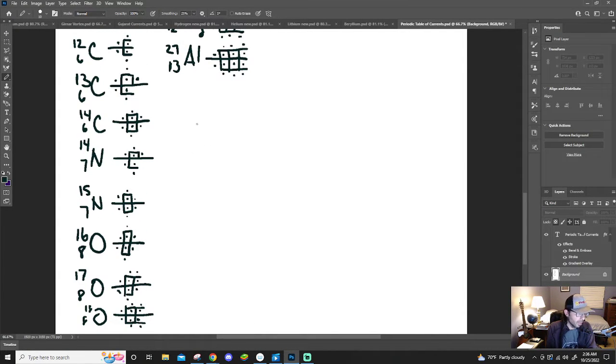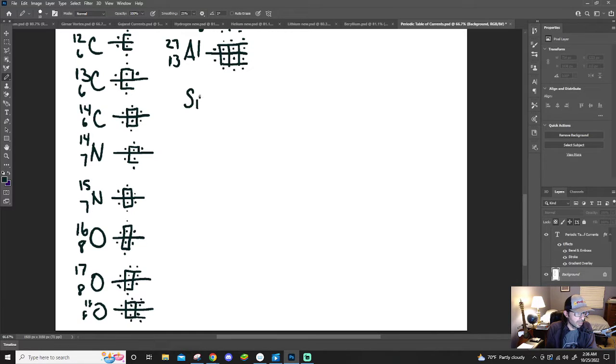Okay, 28 makes sense because it's a pretty stable structure right there, where it's got 3 rows of 4 with a row of 2 behind it of the neutrons. So it makes sense that it would just stably add another eddy within there without the system falling apart. So again, we just have the same structure.